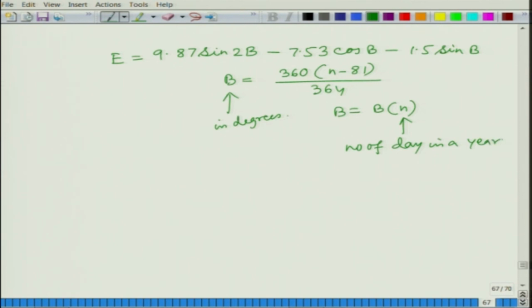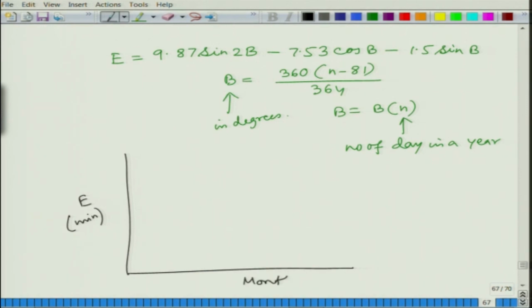Okay. So, if we look at the variation of it, let us say this equation E in minutes and this is month.